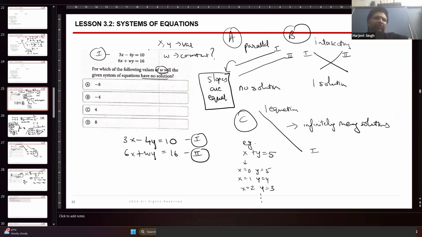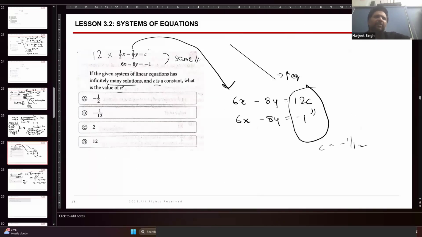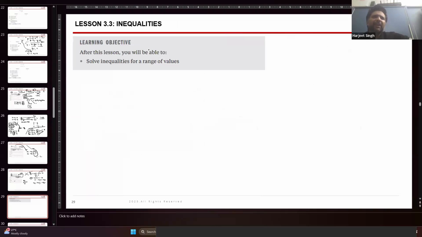So you can equate the slopes and get the unknown constant. In the second setup, if the lines are intersecting, they will have one solution. In the third setup, only one equation is given and it will have infinitely many solutions. Yes. So this is an important part. Okay. So this is what we have.